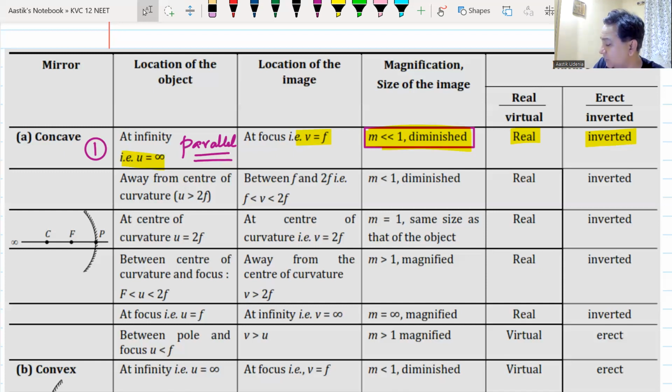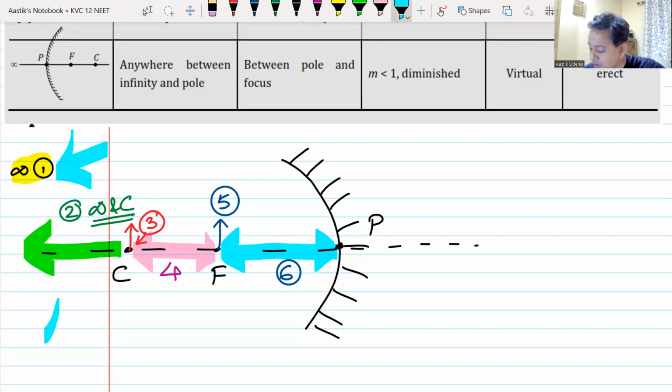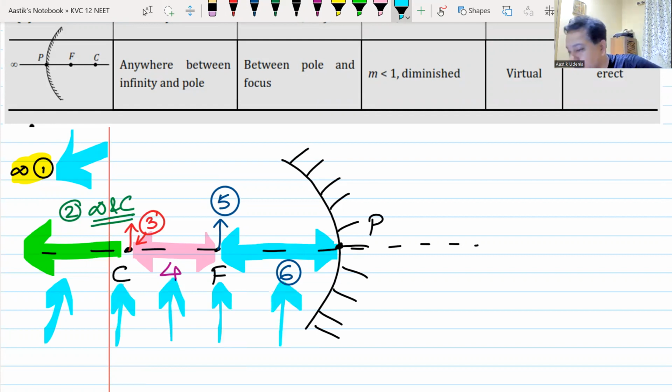Position number 1 at infinity, position number 2 between infinity and center of curvature, position number 3 at the center of curvature, between C and F, at F, and between F and P. Do we recollect these? Yes or no?